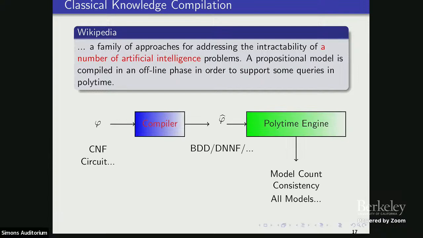For example, you can have a formula, which could be a CNF formula or a circuit, and a compiler might compile it down to a BDD or a d-DNNF. Then in polynomial time in the size of this, you can do lots of other things which otherwise are hard. Of course, this compilation can be worst case exponential. We cannot avoid it given the complexity of these problems.